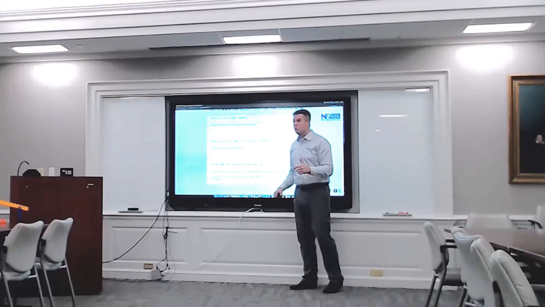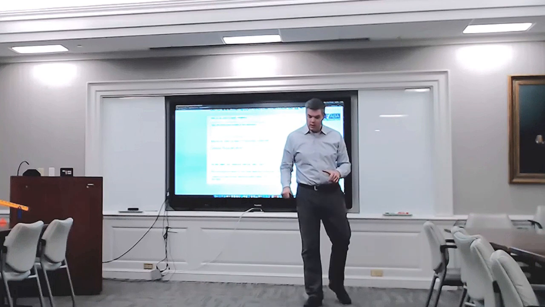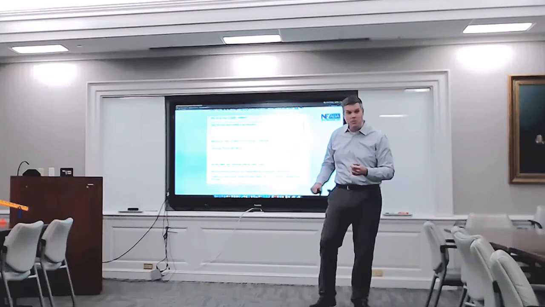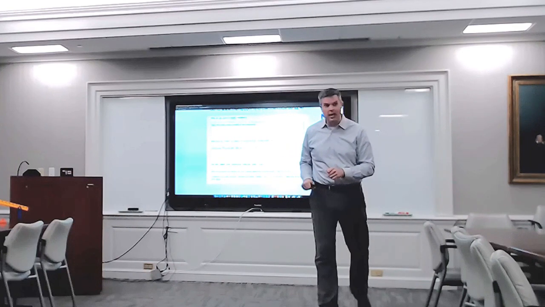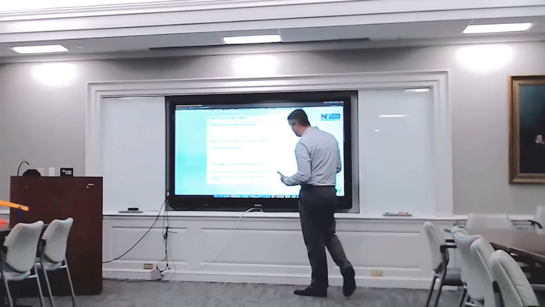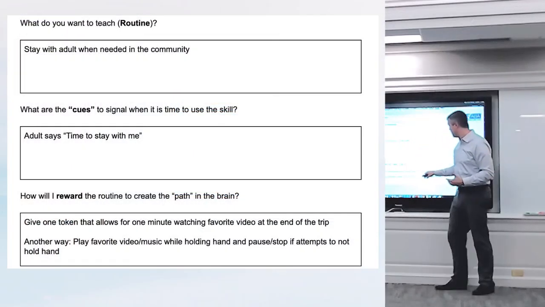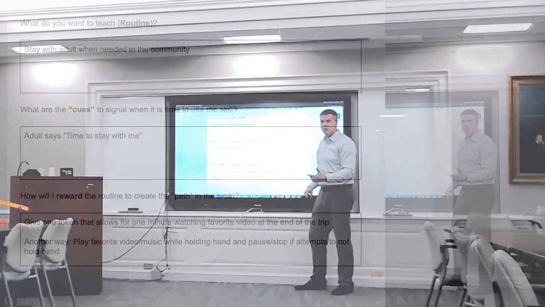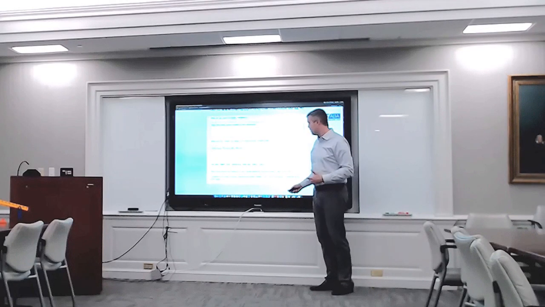Okay? So I'm rewarding you staying with me. You try to not stay with me, I pause the video. Right? Hey, it's time to stay with me, right? Play the video again. Or I can have the reinforcement system if I've got that, right? I give one token that allows for the 1 minute at the end of the trip. So I have a reward that I'm using, all right?